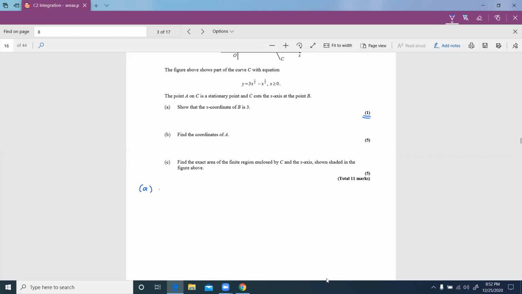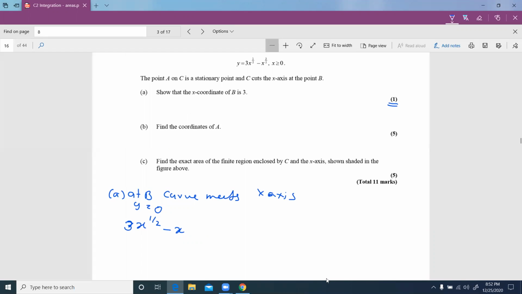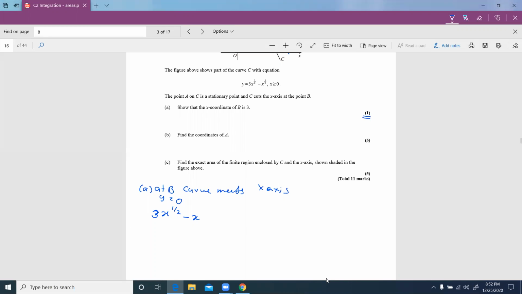So you can say at B, the curve meets the x-axis, so y equals 0. So you can say 3 x to the power 1 over 2 minus x to the power 3 over 2 is equal to 0, right? I expanded it a little bit to get the exact answer.